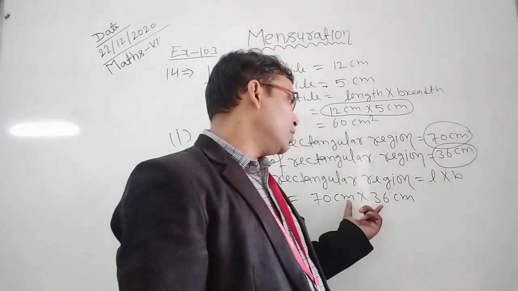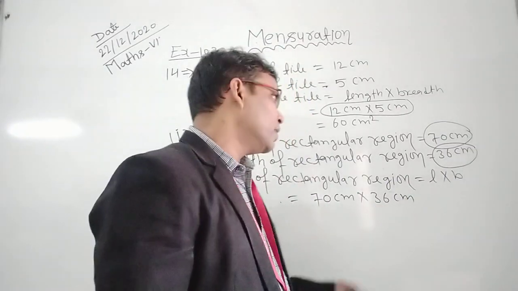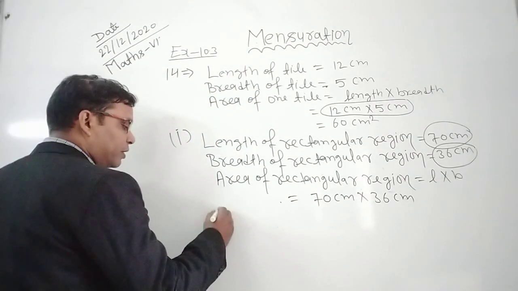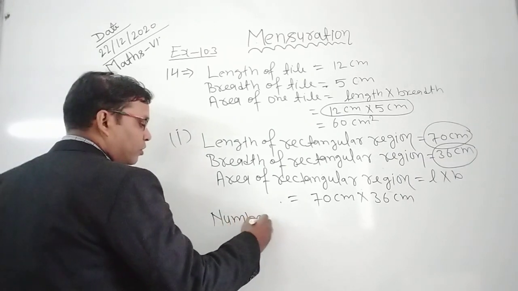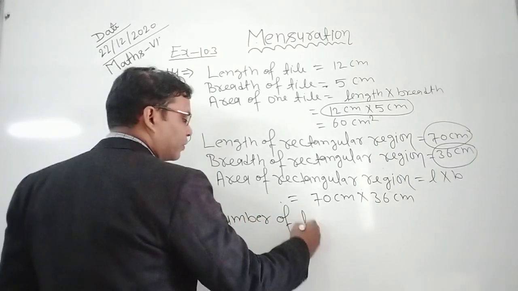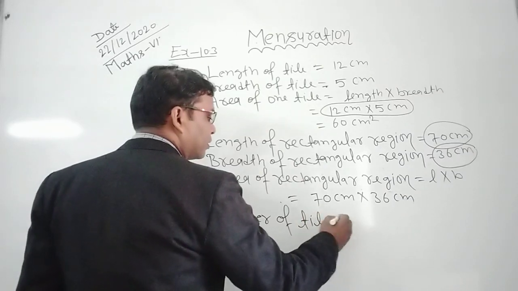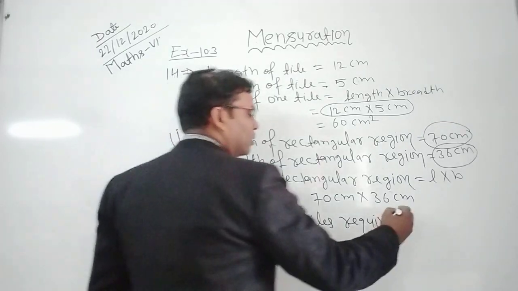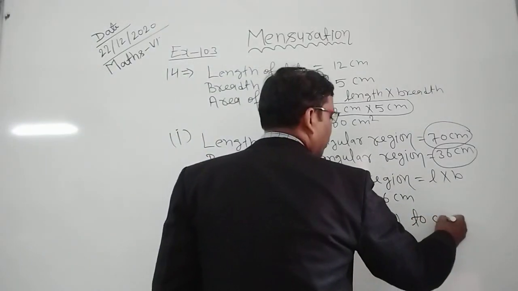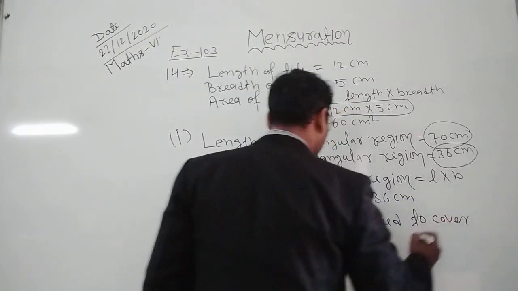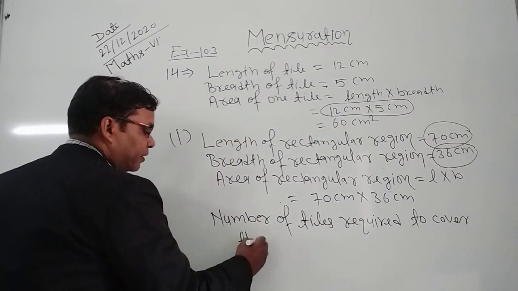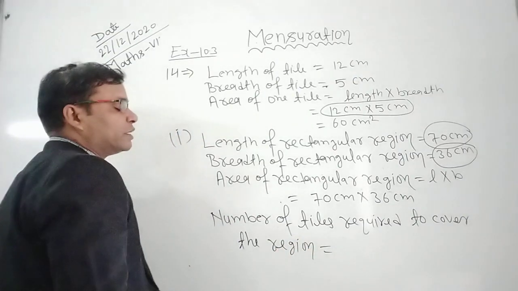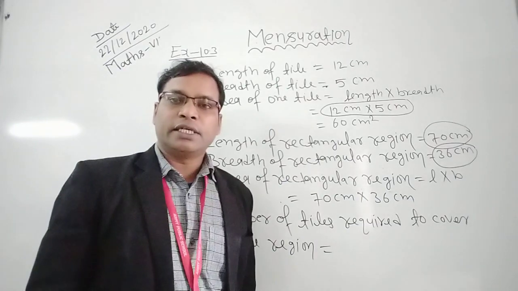So here we write: number of tiles required to cover the region whose length is 70 centimeters and breadth is 36 centimeters.